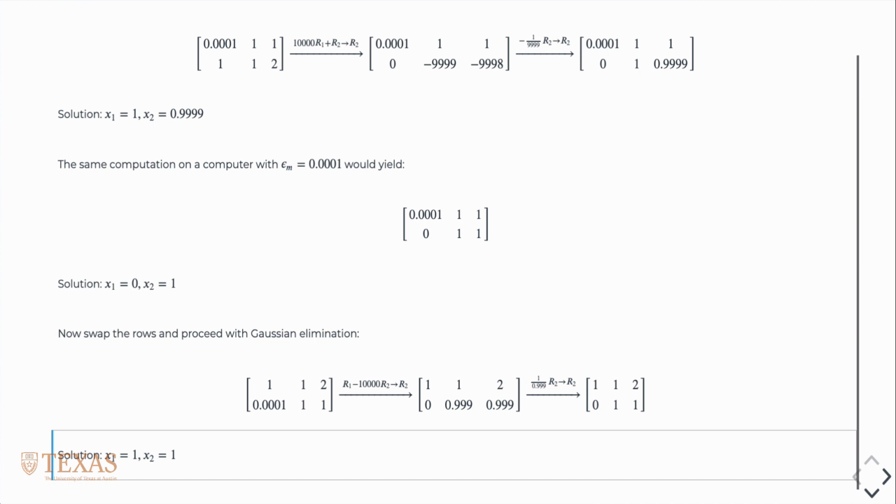Full pivoting would give you the most stable solution, of course, at the cost of some computational expense of having to track the permutations of the columns. And so in most cases, only row pivoting, or partial pivoting, is done, row exchanging. And that process we'll call Gaussian elimination with partial pivoting.